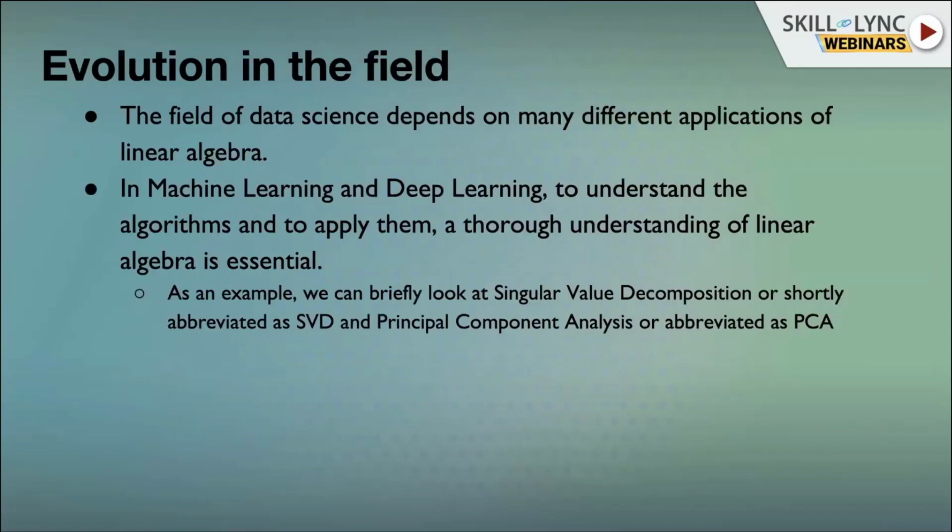Now we'll talk about the evolution in this field. We know that data science depends on many different applications of linear algebra, as we have seen one example in the last slide. There are also machine learning and deep learning algorithms that we use in artificial intelligence, automation, or many other aspects.